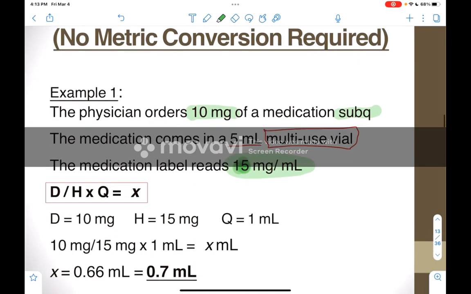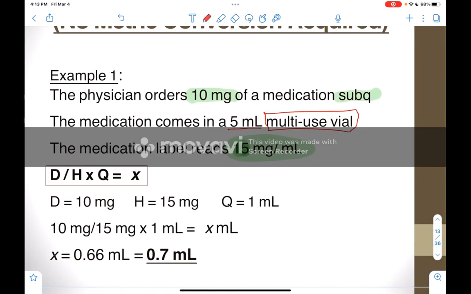So we're going to need to make a calculation to know how much of this to inject subcutaneously into the patient. So if we set it up with our conversion formula here, the dose ordered is 10 milligrams. Now we're going to put that over what we have on hand, and that is 15 milligrams. That's what we actually have in our hand.